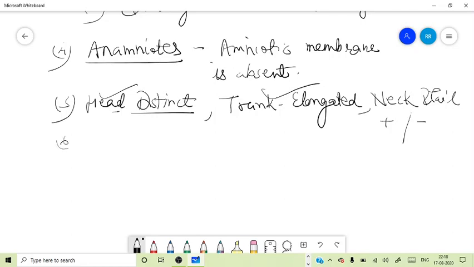Next, the sixth point, that is, paired pentadactyl limbs are present.